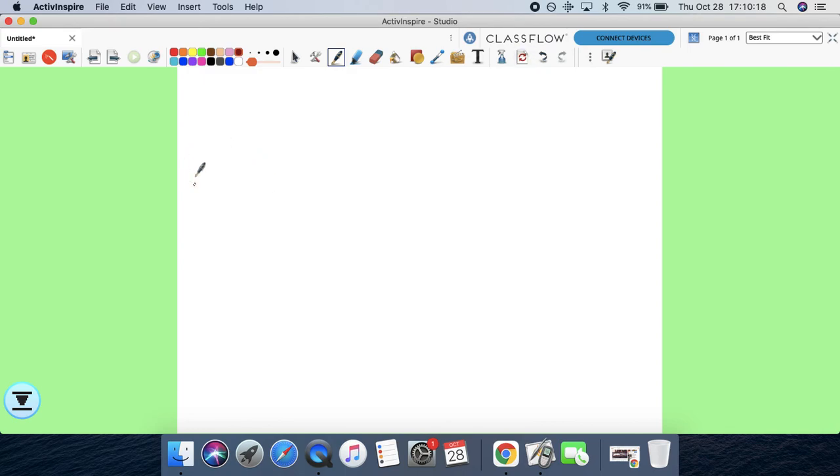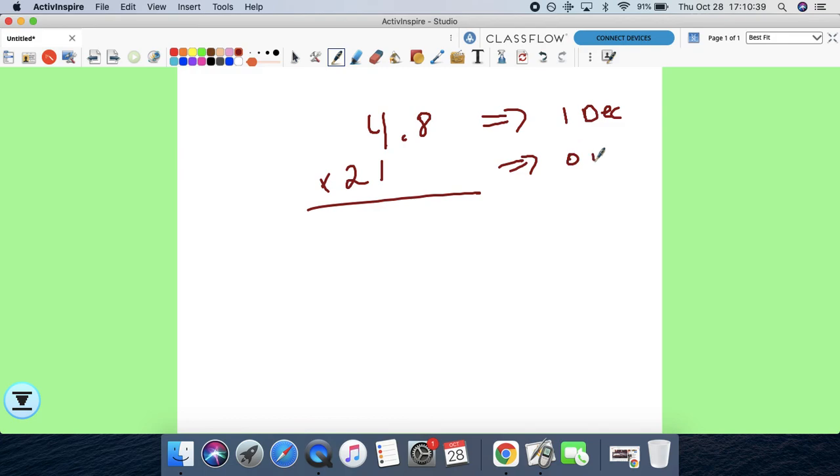And then we have one more. Jordan jogged 4.8 miles for 21 days. How many miles did he jog last month? Okay, so this one is going to be 4.8 times 21. There's 1 decimal place here. 0 decimal places here.